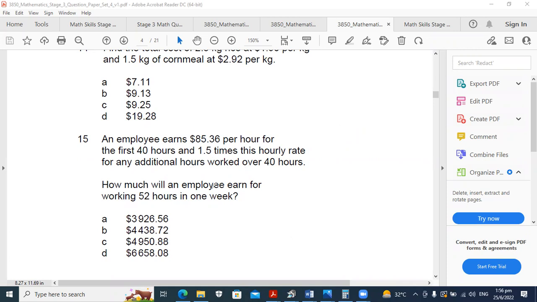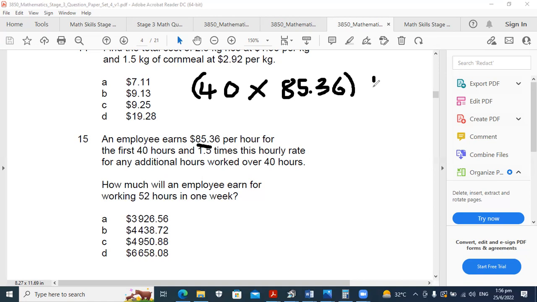How much will an employee earn for 52 hours? So for 40 hours, this is our rate. So you have to say 40 multiplied by 85.36, and that will give us the regular basic wage.